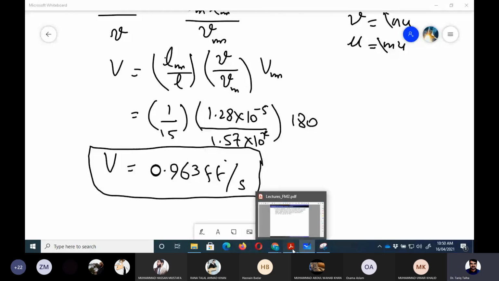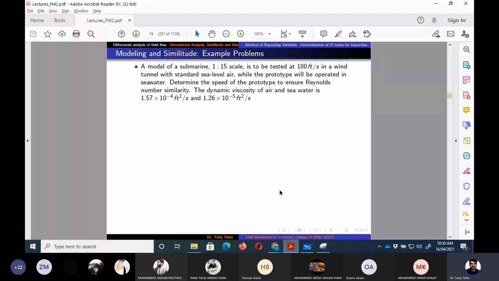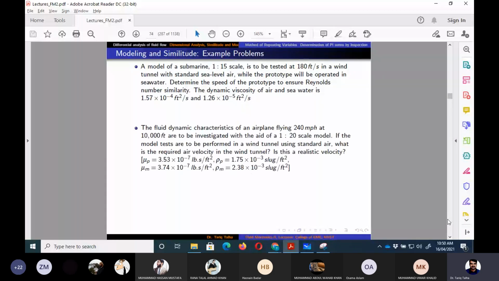So this was one numerical, and then the second numerical is also related with similarity, the fluid dynamic characteristics. Now in this it was about the submarine, and now it is about an aeroplane flying at 250 mile per hour, and the velocity is 240 mile per hour at 10,000 feet.